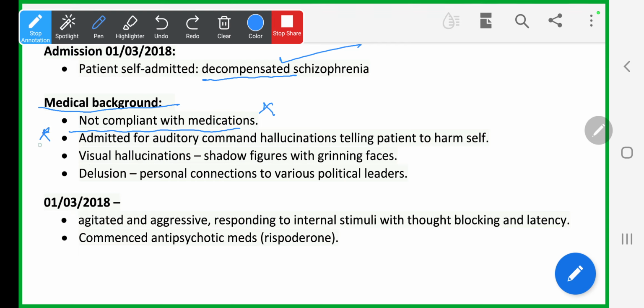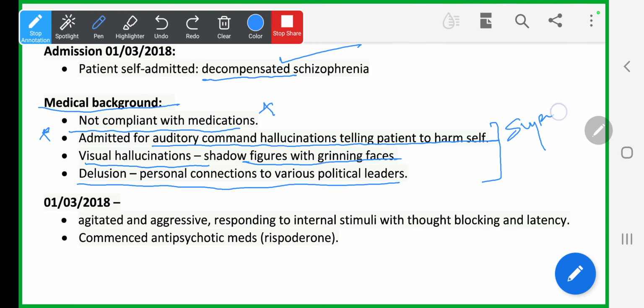Now this was the admitting complaint: admitted for auditory command hallucination, telling the patient to self-harm, weird hallucination, shadow figure with grinning faces, and whatever. So these are the symptoms that had been explained. What we learn in today's class is that in the case of a discharge letter, symptoms are not important to be written. Why?